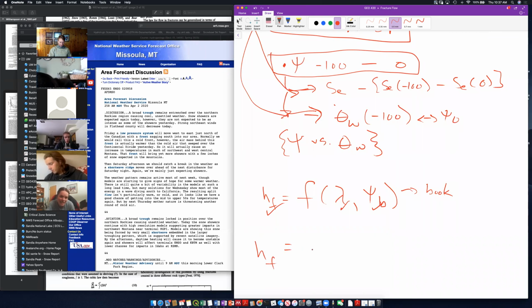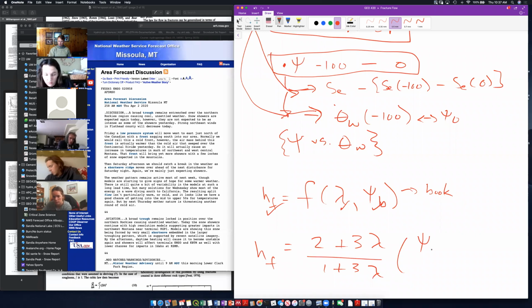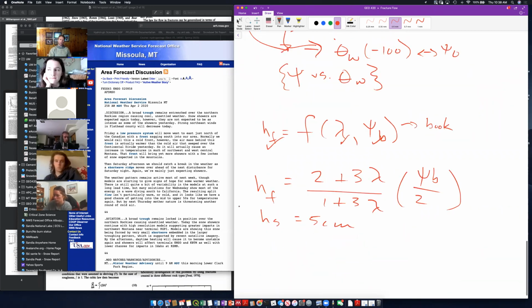So H sub F, the equation for estimating it is: (2 plus 3 lambda) over (1 plus 3 lambda) times psi B over 2. So you can calculate H sub F for each thing. You have H sub S, which was 5 centimeters. Everything else you get from the characteristic properties of each sediment.